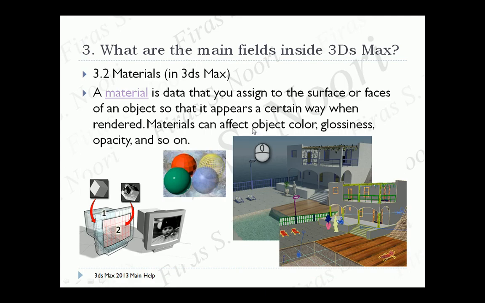The second thing is the material. Material is actually data that you can assign to any surface or any object that makes it appear a certain way in a render, or makes you feel that it's glass or wood or whatever the mental images that this material can give to your brain.